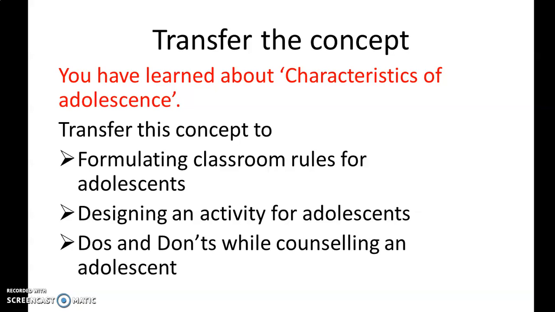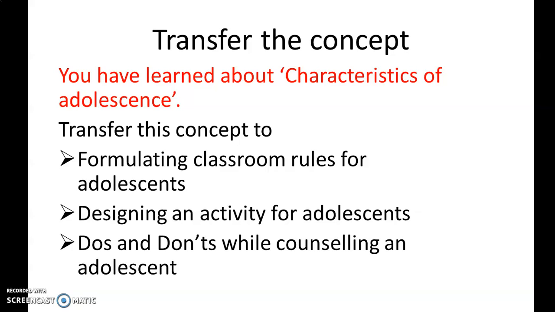The teacher can assess their understanding of the topic by asking them to transfer this knowledge of the characteristics of adolescence to: 1. Formulating classroom rules for adolescents. 2. Designing an activity for adolescents. 3. Do's and don'ts while counseling an adolescent.